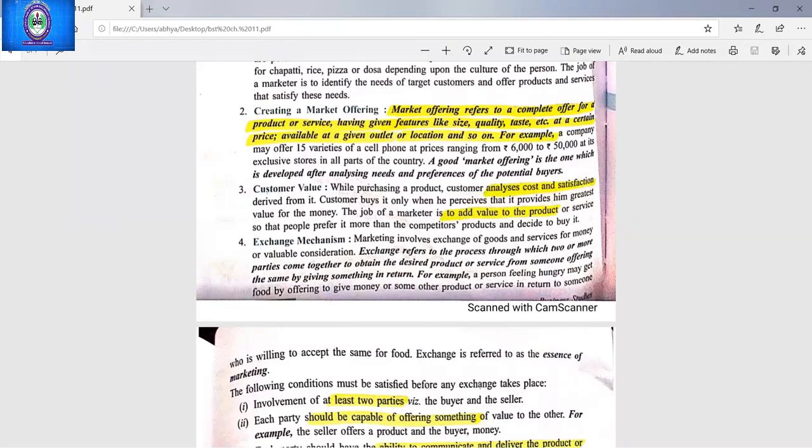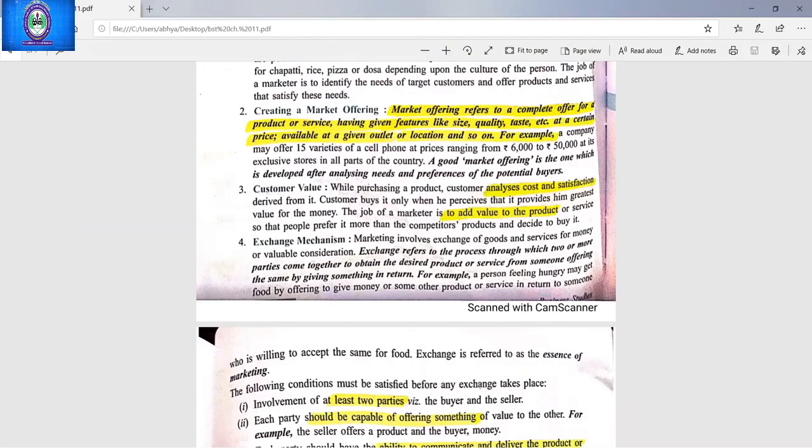So every time whenever we are going to buy a product, then we are comparing its price with the features offered by the product. Suppose you want to buy a mobile, so different handset mobile sets are available in the market. Whenever you are going to buy a mobile, then you must be comparing the features of different mobiles in your price range.